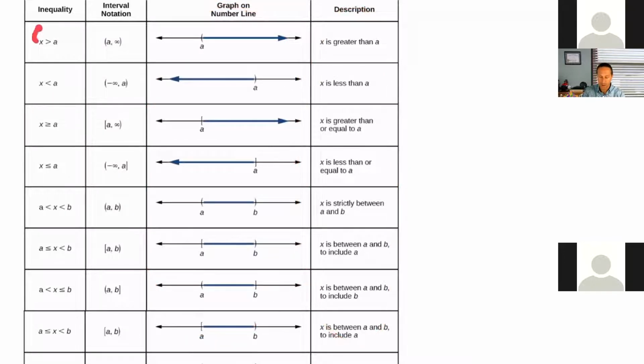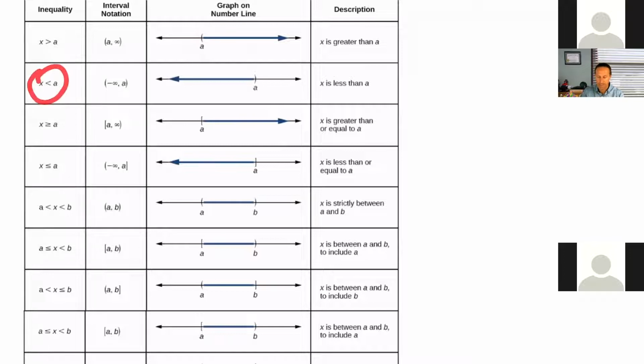So if we said that our solutions, where x had to be greater than some number, a, anything, then if you look at this, we have either an open dot, some books would do, or an open parenthesis, letting you know not a, but everything greater than it, everything to the right.